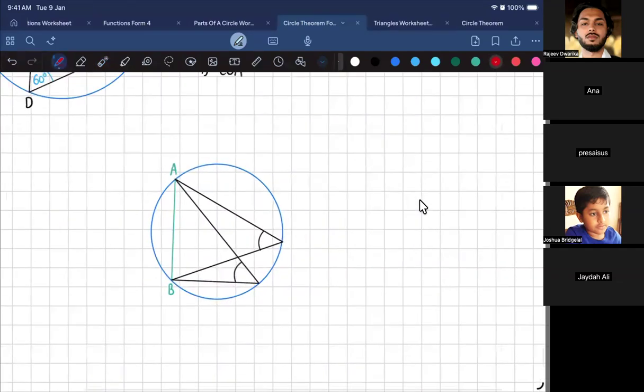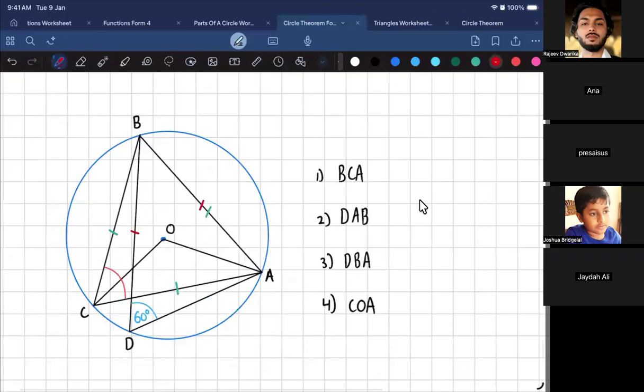My question to you all: in this complicated diagram, are you all seeing two angles standing on the same chord? And if so, tell me the chord. Looking at the diagram, what chord are two angles standing on? A to B, yes.